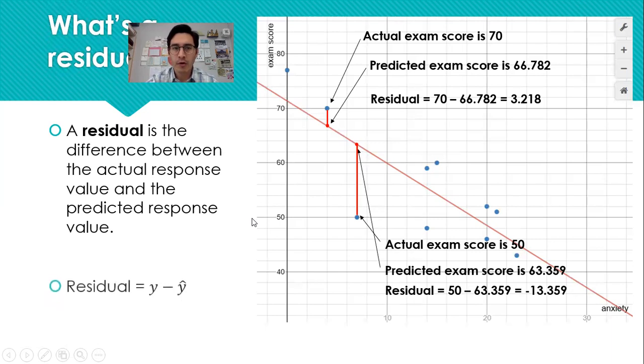All right, so here's a formula for calculating residuals. It's y minus y hat. The y refers to the actual response value, and y hat refers to the value that the model predicts, so the predicted response value.